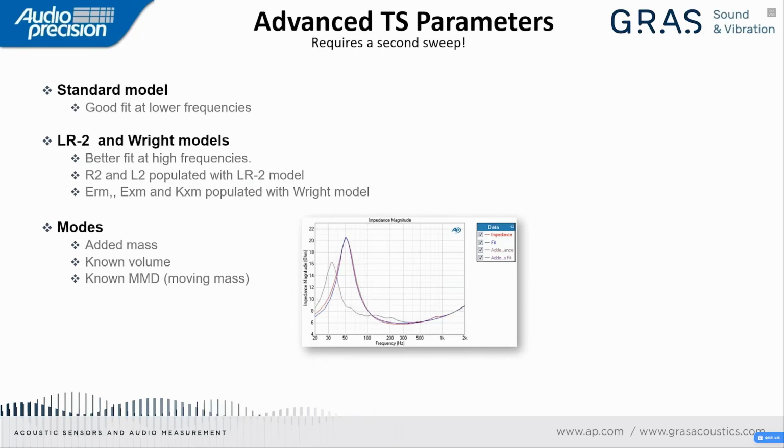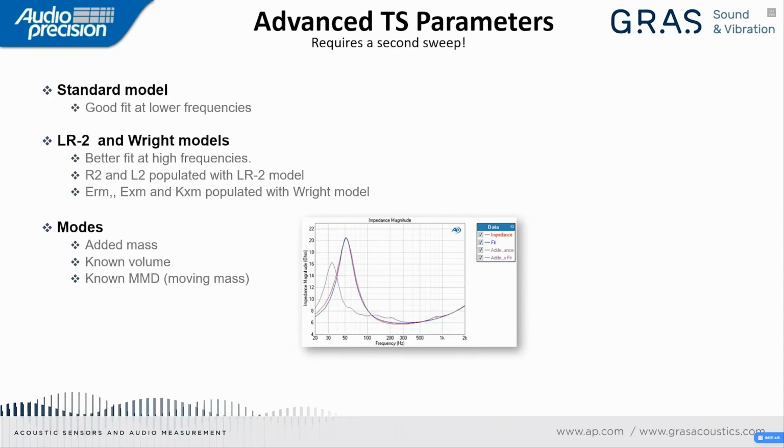Then we have known moving mass. So rather than making 2 measurements for Thiele-Small as described previously, you can enter the moving mass of the driver without air load and derive a full set of parameters in one sweep.